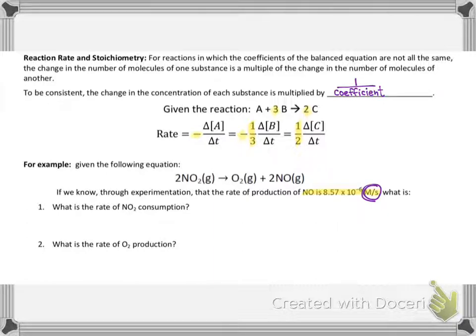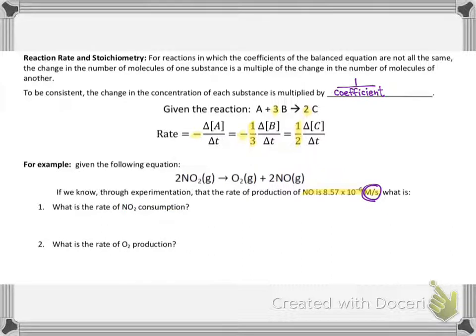So we want to know, okay, well that's the rate of production of nitrogen monoxide. What's the rate of NO2 consumption? All right, so go ahead and pause the video, take your best guess, and when you are ready to check your answer, unpause the video.